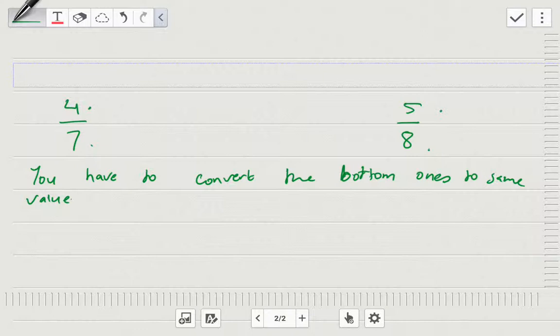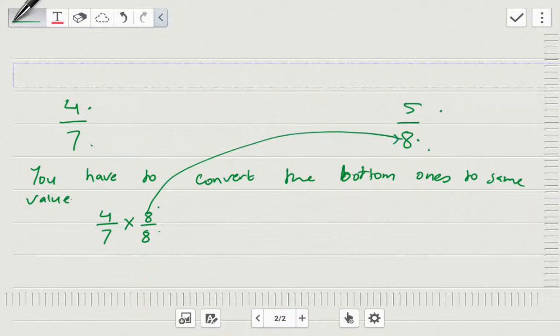Well, the trick is this. You have this 4 by 7. You take the denominator of another fraction, in this case 8, and multiply top and bottom by this 8. Again, why did we choose 8? Because we got the 8 from here.